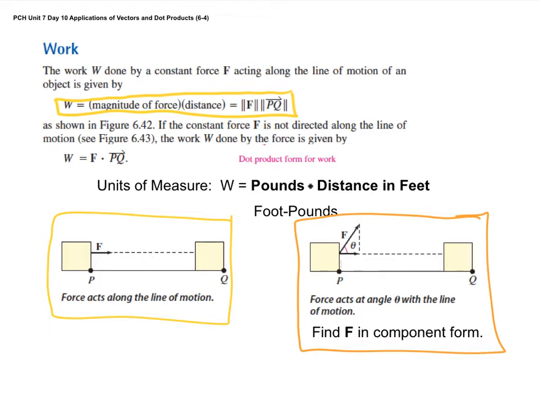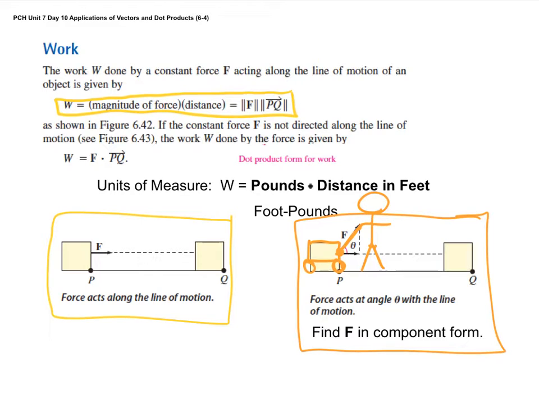This would be like if you ever pulled a wagon behind you on wheels, and as you're walking along, you don't bend over all the way, so you're pulling it at an angle.